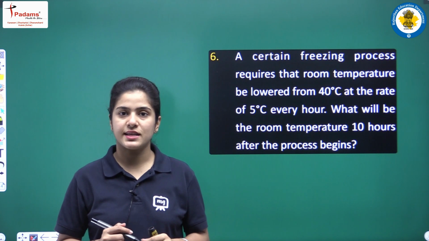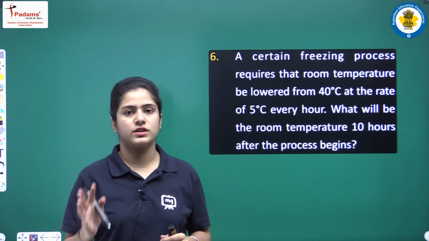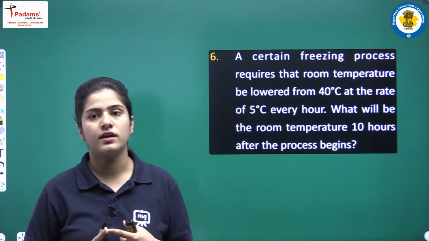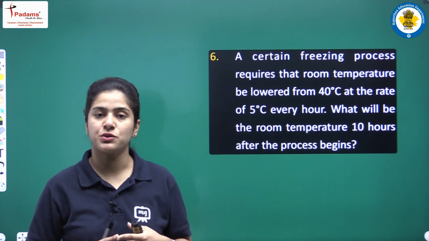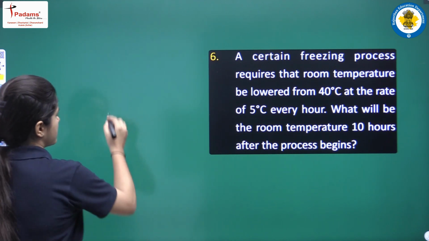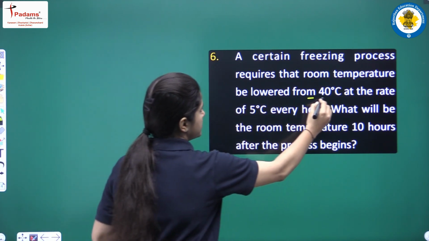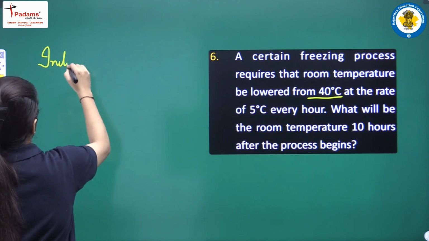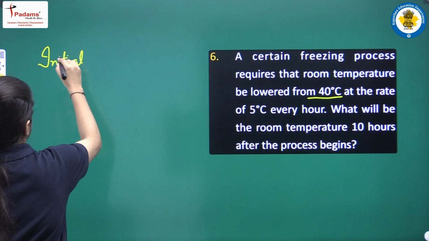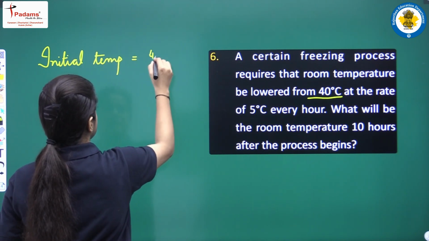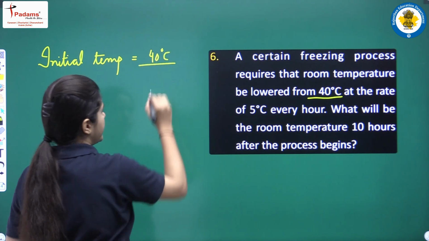So basically you have to keep in your mind 2-3 things: initial temperature, the rate at which temperature is lowered, and final temperature we have to calculate. Alright students, so let's start. 6th question. What is our initial temperature? 40 degrees Celsius. So write initial temperature is equals to 40 degrees Celsius.